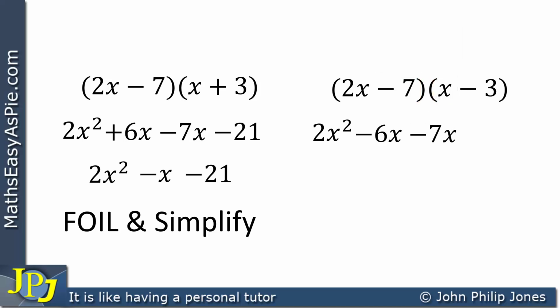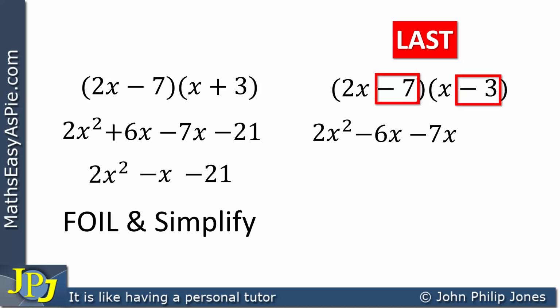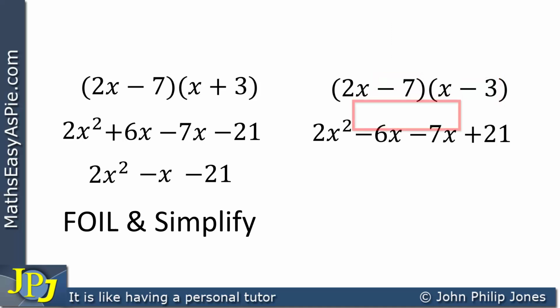You then turn your attention to what is last, the last thing that you need to multiply, and you can see that's the minus 7 and the minus 3. Now, 7 times 3 is 21, and a minus times a minus is a plus. So here you're going to get plus 21. You then turn your attention to the like terms, and minus 6x minus 7x is minus 13x.